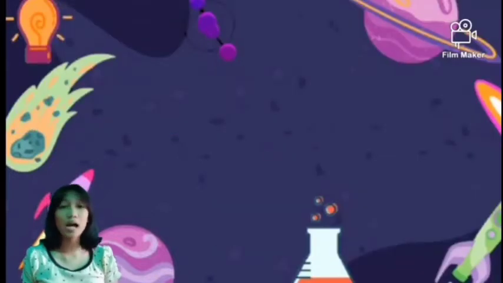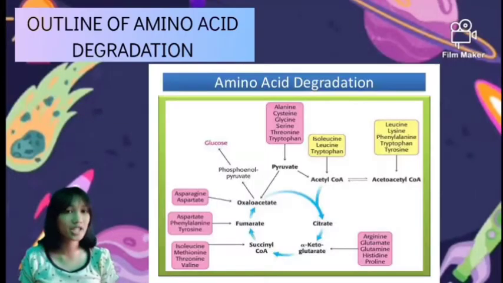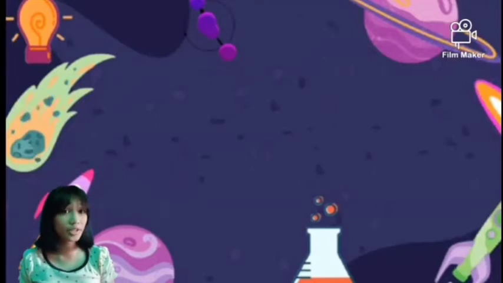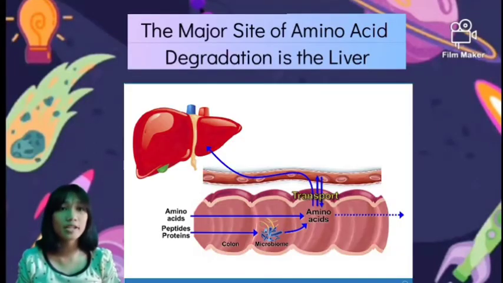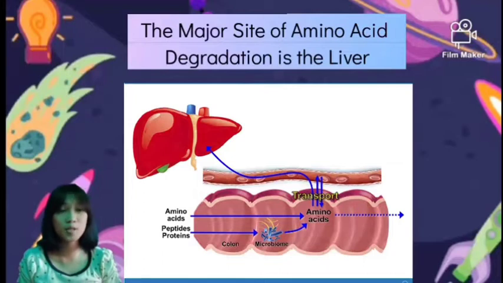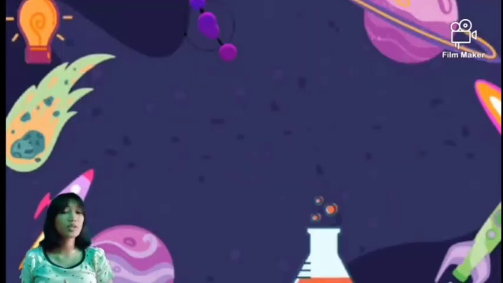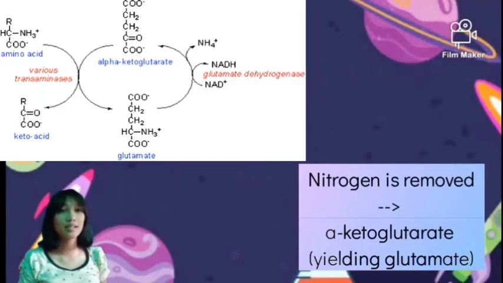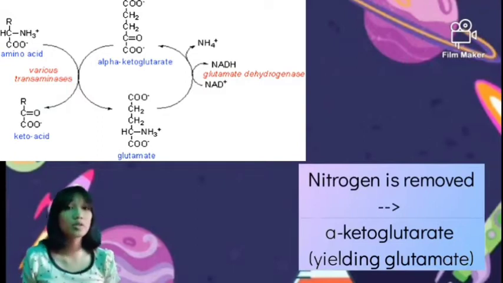Now we have the outline of amino acid degradation. First, the liver is the major site of degradation for most amino acids, but muscle and kidney dominate the degradation of specific ones. Nitrogen is removed from the carbon skeleton and transferred to alpha-ketoglutarate, which yields glutamate.